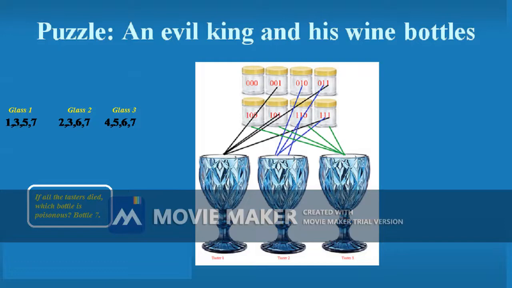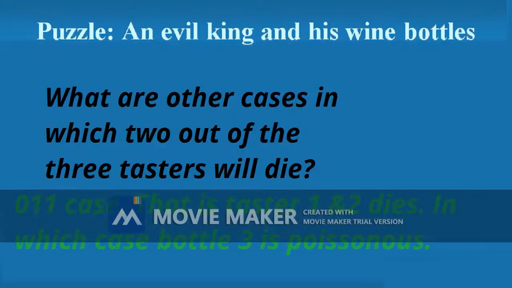Like this, with the help of the binary codes, we can identify the number of the bottle in which poisonous liquid is available.